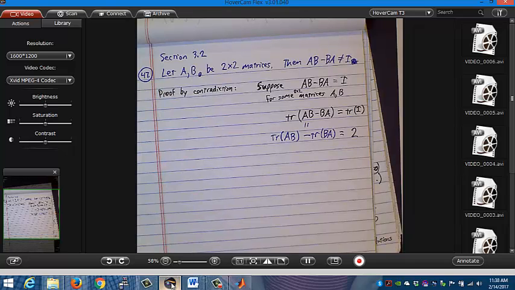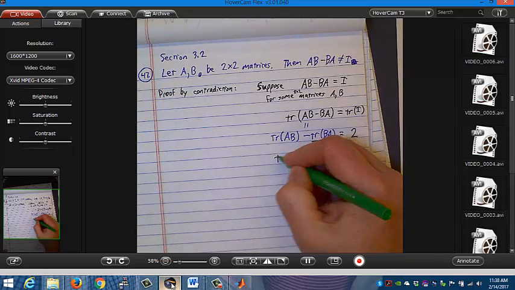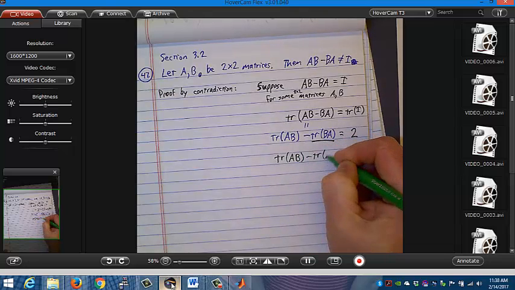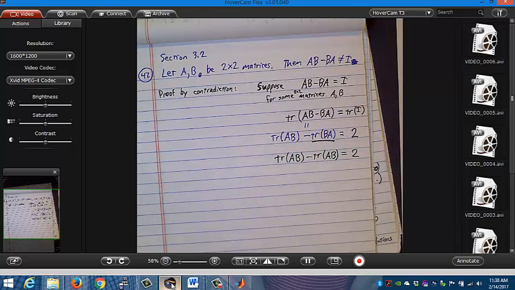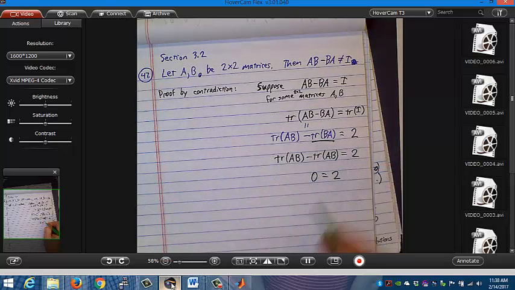And I said I wasn't going to prove it yet, but I told you it's true that the trace of BA is equal to the trace of AB. We observed that today when we had the 69 and the 69. And so what do you get? You get 0 equals 2.